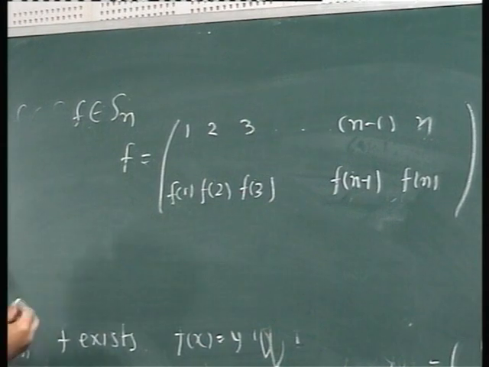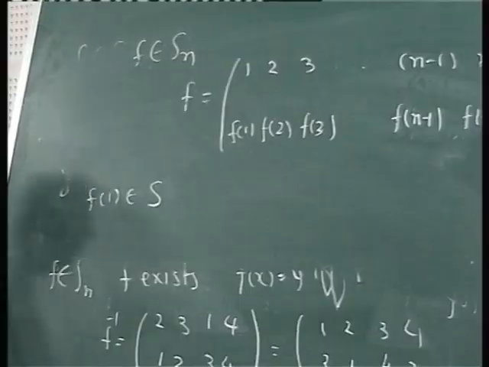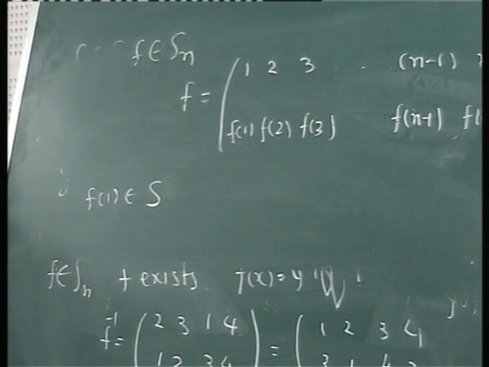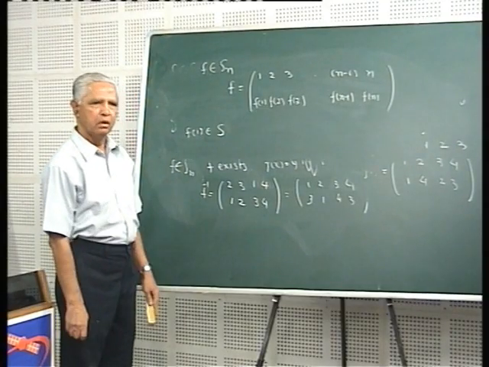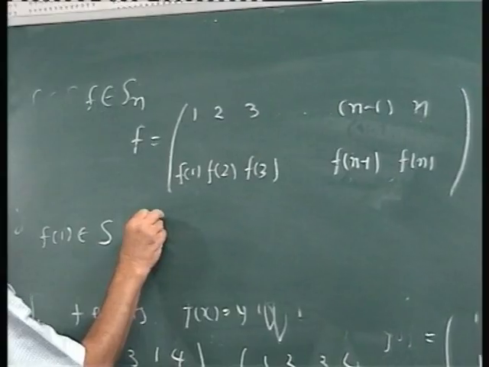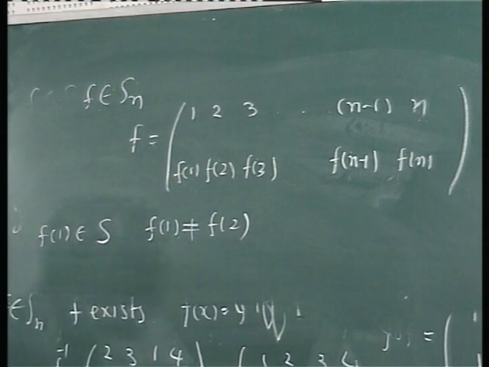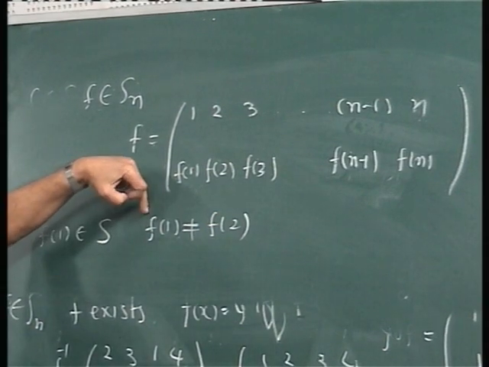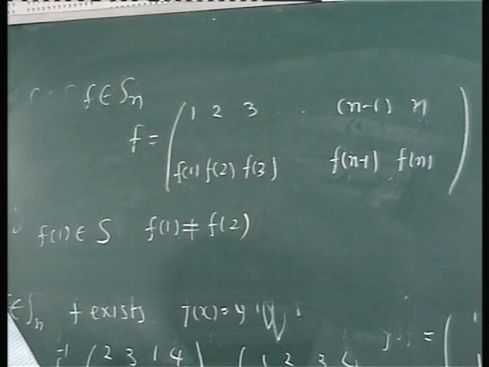Now what can I say about f(1)? f(1) is an element of S. S contains n elements, and so f(1) can be chosen in n different ways. Now what about f(2)? Since our function is 1-1 and onto, f(1) is different from f(2). So once we have fixed the value of f(1), for f(2) we have n minus 1 choices.